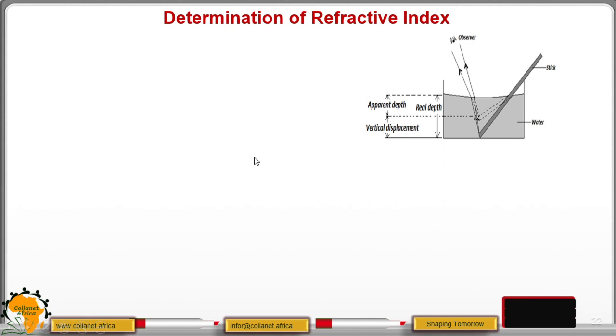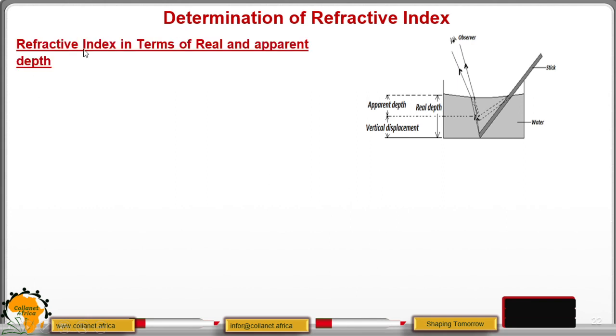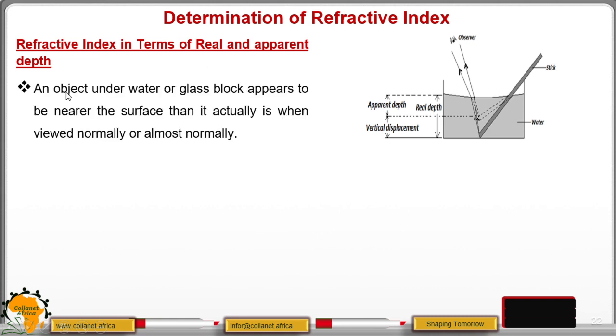Then from there, we move to the refractive index in terms of real and apparent depth. When an object is underwater or under a glass block, it appears nearer the surface than it actually is. This happens when you view it normally, or almost normally. You will find that the object appears to be closer to the surface.